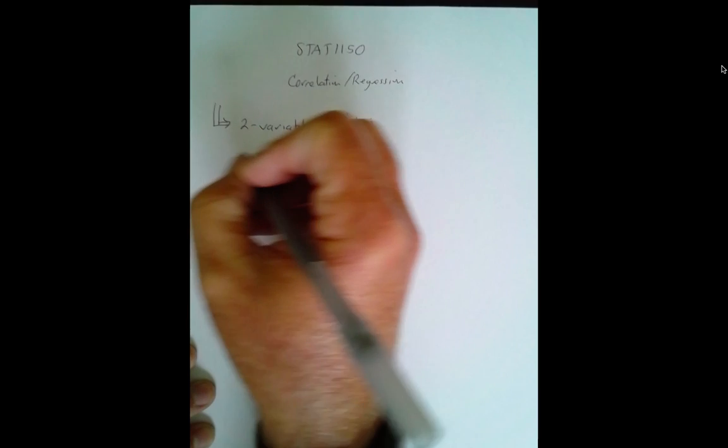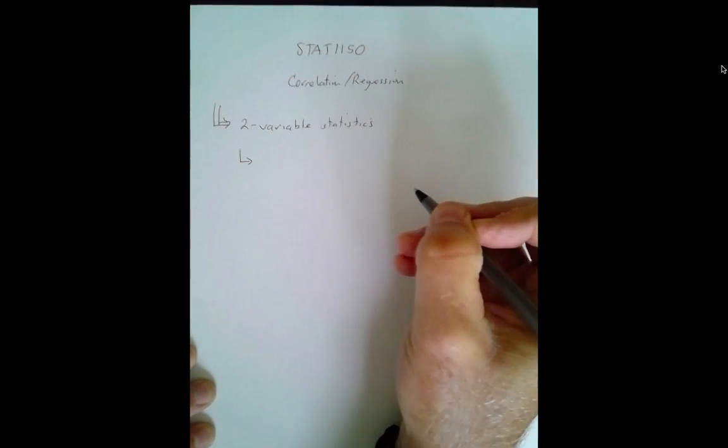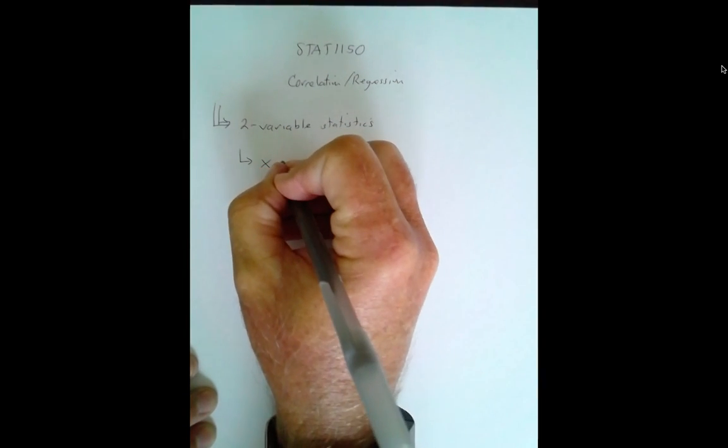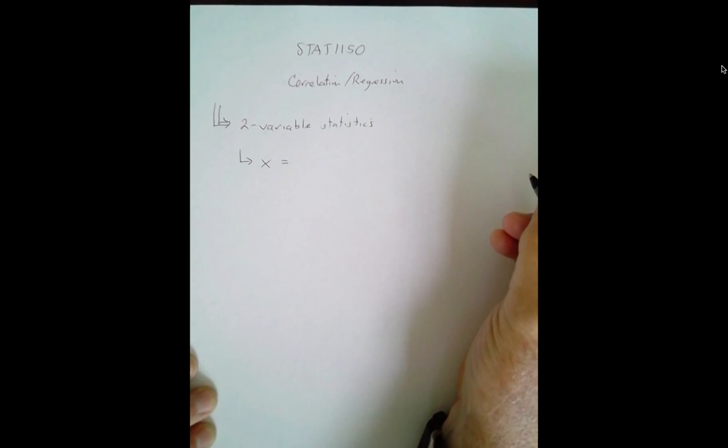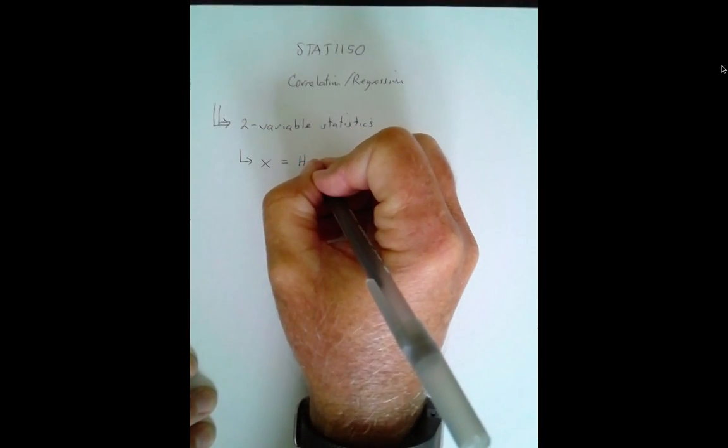So what's happened so far is we've been in one variable statistics, and we may have a variable like high school GPA.